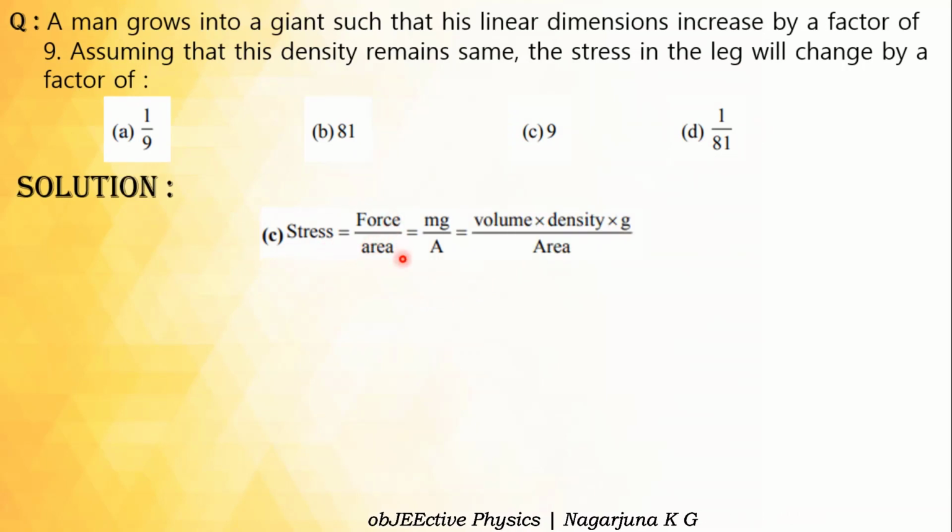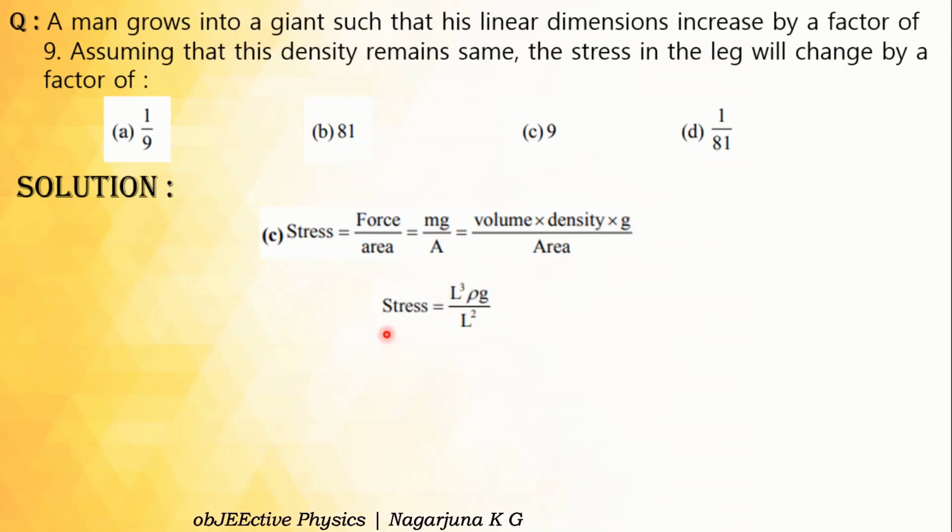Stress is equal to force by area, that is equal to mg by A. Mass can be written as volume into density, so mass into g, divided by area. That implies stress is equal to volume, which is directly proportional to L cube, so stress can be written as L cube into rho into g by L square. Denominator L square and numerator L square cancel, one L is remaining.